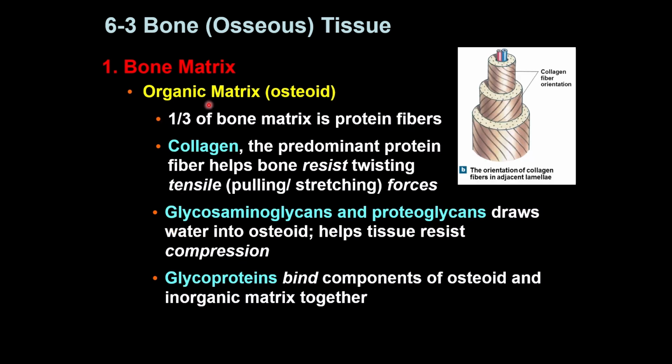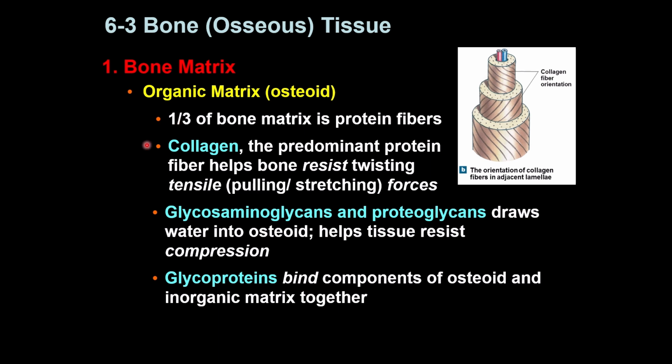And then there is the organic part, which is also called osteoid. When we talk about organic in general, it means they are made of carbohydrates, lipids, or proteins. But here in the bones, we are not discussing the lipids that much. These organic compounds are either proteins, carbohydrates, or a mix of protein and carbohydrate.